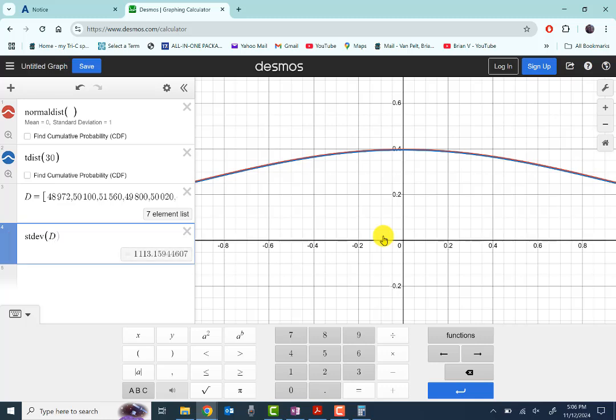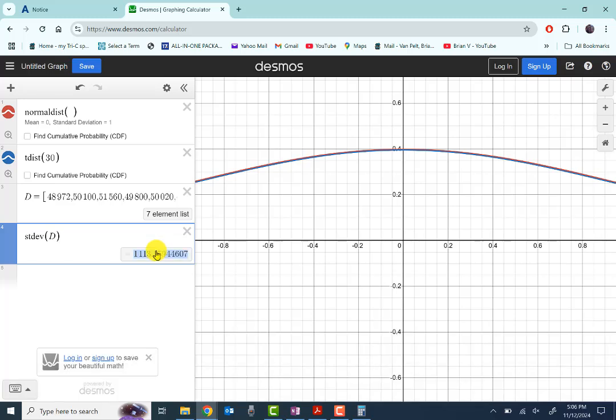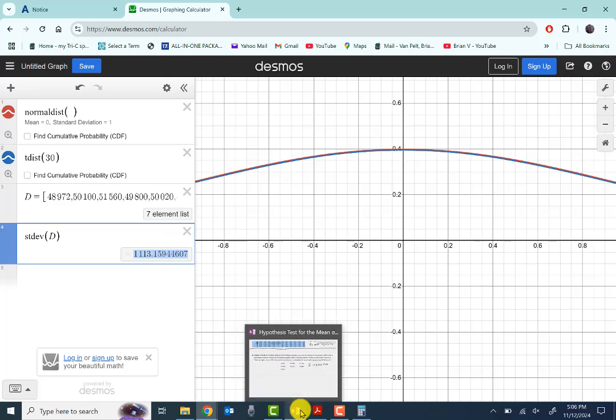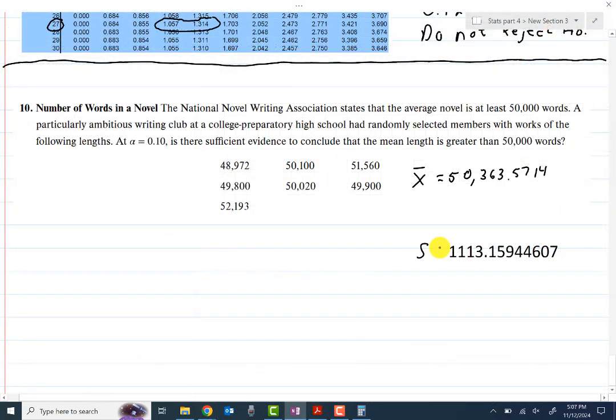Put in your D. And there we have it. And I think, if I'm not mistaken, it copies that. So I'll bring that over in that format. Here's my sample standard deviation. Actually, what I'll do is round it to 4 places. So we'll just go to 4 decimal places on that.